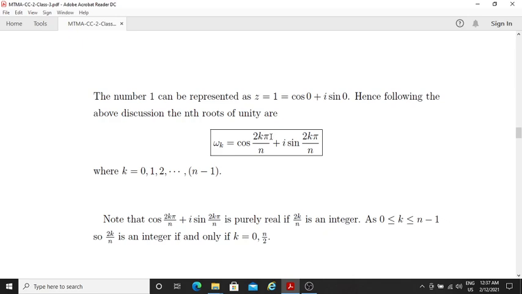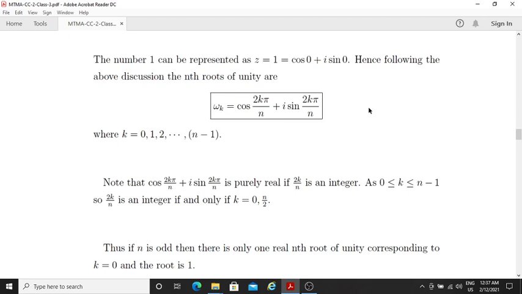For any general complex number, we have to put plus theta and also a modulus factor. So 1 has modulus 1, so we don't have to put any modulus. We just write omega_k to be cos 2kπ/n plus i sine 2kπ/n. Pretty simple, where k runs from 0 to n minus 1.